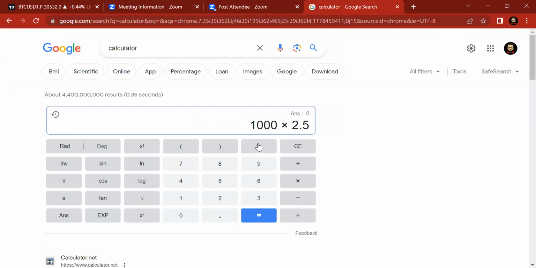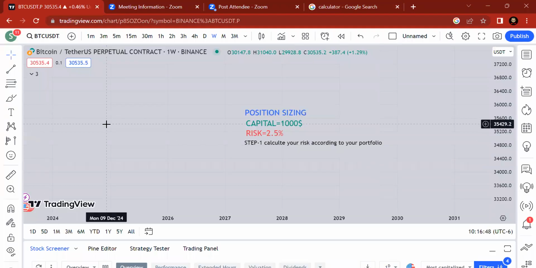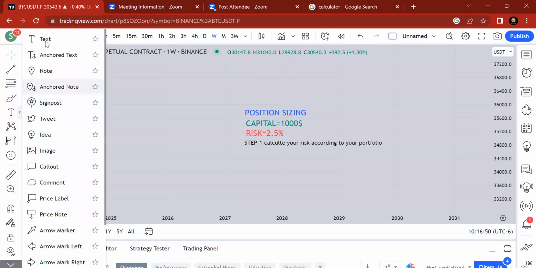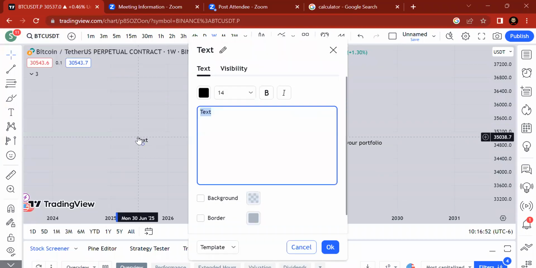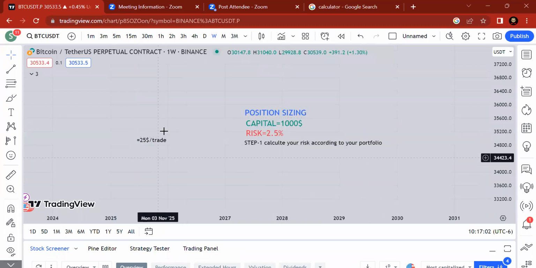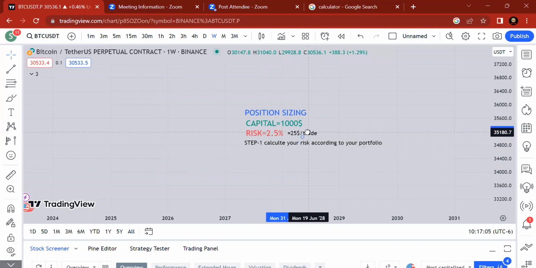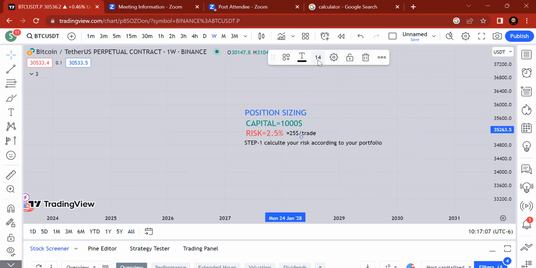I'm risking 2.5%, this is my calculation, which comes to $25 per trade will be the risk.